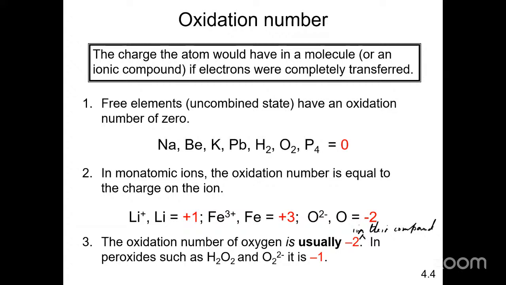But otherwise, if oxygen is combined with something else, like hydrogen or metal, then the oxidation number of oxygen in those compounds will be -2. So that's rule number 3: the oxidation number of oxygen is usually -2 in their compounds, but in peroxides and in hydrogen peroxide, the oxidation number of oxygen is -1.